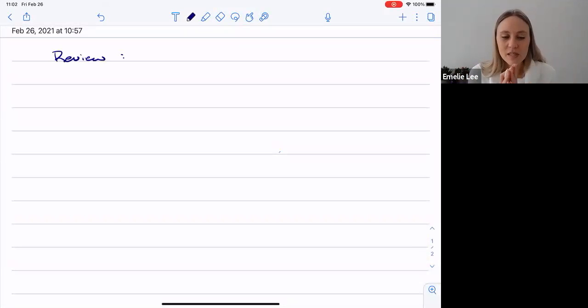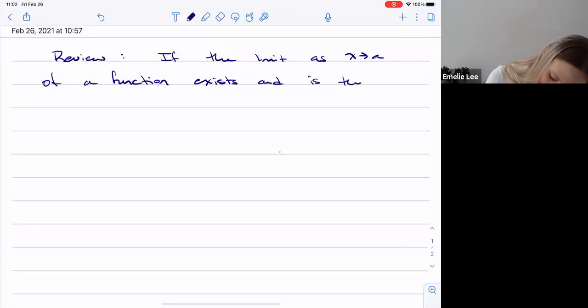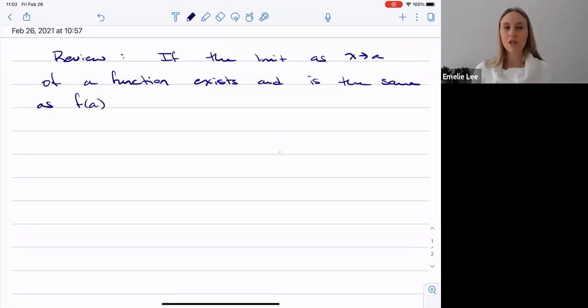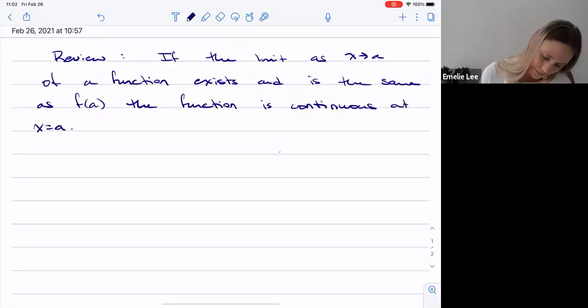So if the limit as x goes to a of a function exists and is the same as f of a, so it's the same as the function at that point, we say that the function is continuous at x equals a. Okay.